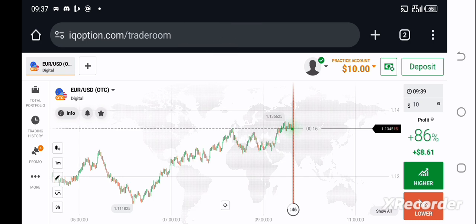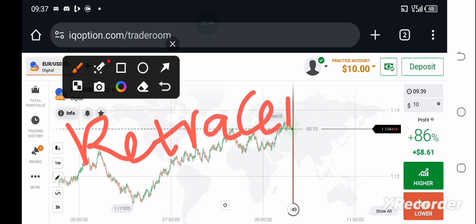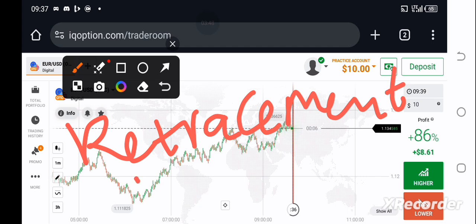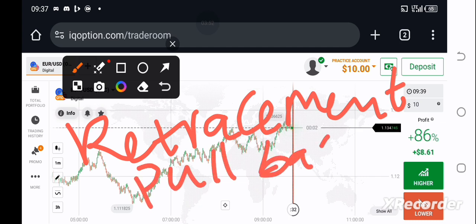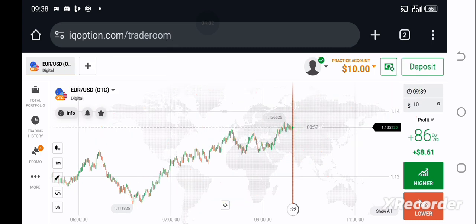So the market retraces, or pulls back. All this is what we refer to as a minor trend. So this is for an uptrend situation.